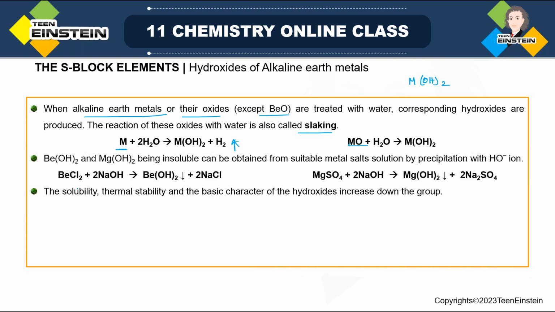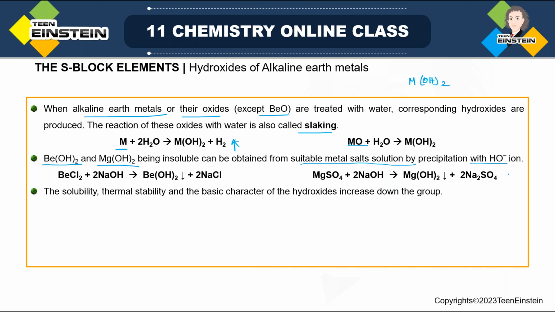The first two hydroxides, that is the hydroxides of beryllium and magnesium, are insoluble. So how can we obtain them? Because of this insoluble character, we can also get these two hydroxides in a different way: from a suitable metal salt solution by precipitation with HO minus.